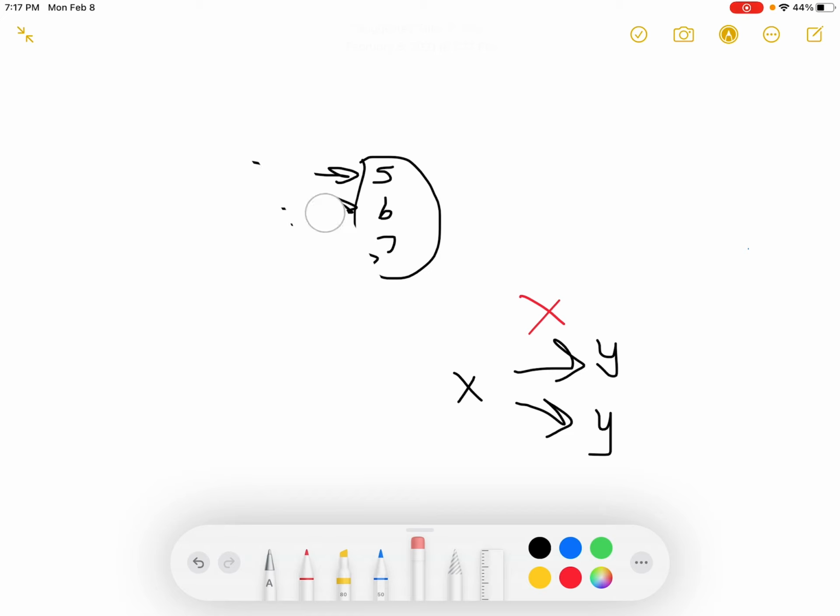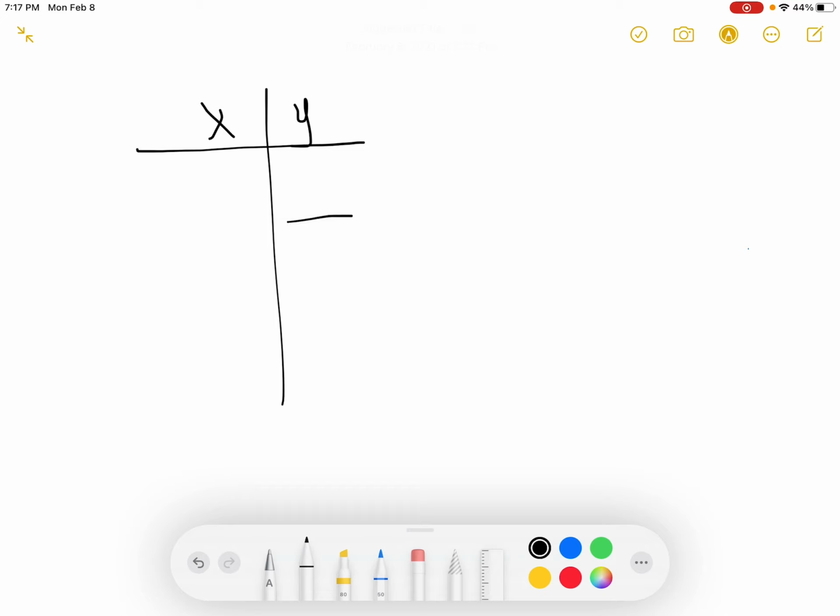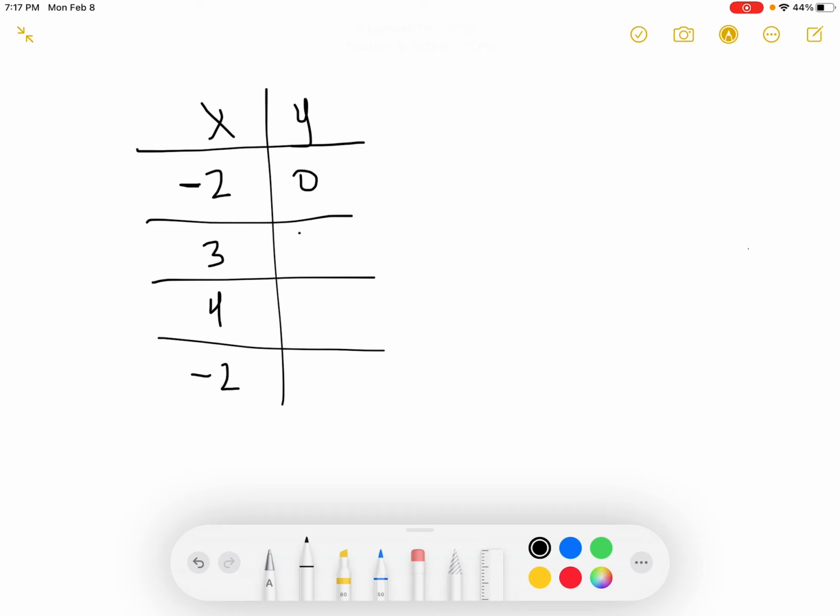Now, we can look at a table. Same thing applies. So, for a table, let's say we have -2, 3, 4, -2, 0, 4, -1, 9.